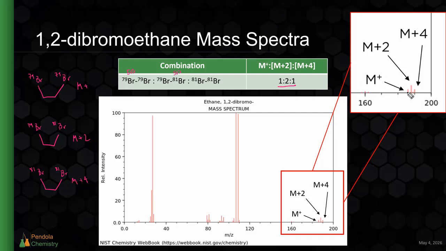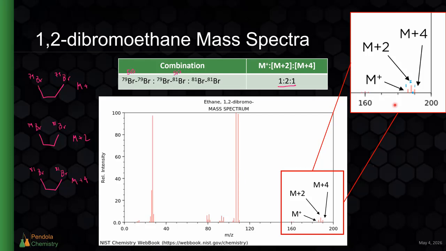These are roughly the same height, and this one's roughly twice as big as the other two. Ignore this right here. This is just noise, an interference signal. But we can see that 1 to 2 to 1 between M plus, M plus 2, and M plus 4, which is going to give us that idea that this definitely has two bromines in it.